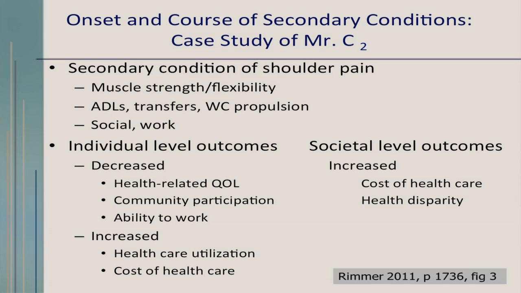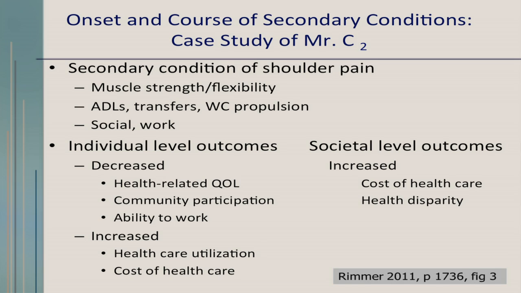Also at the participation level, will he be able to continue with his social activities and things he likes to do for fun, as well as continue to work full-time? And working full-time can be hard when you're having to manage therapy appointments and doctor's appointments and special tests. So when we look at individual level outcomes for Mr. C, he's demonstrating that he has decreased health-related quality of life, decreased community participation, and decreased ability to work.